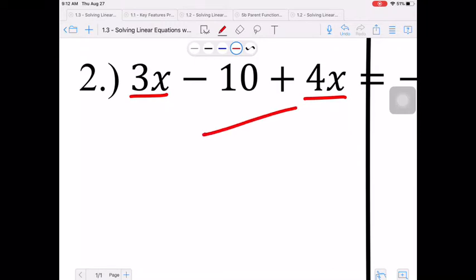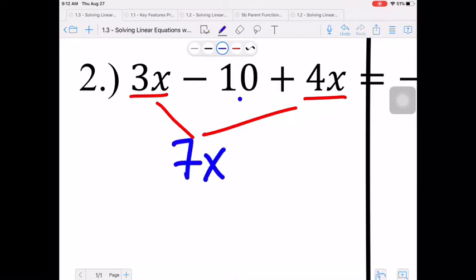So if I combine those, I have 3x plus 4x, which is 7x. And then I'm going to drop the negative 10.